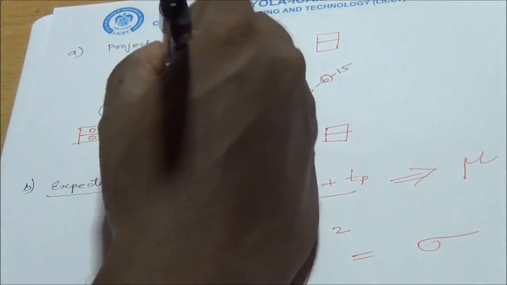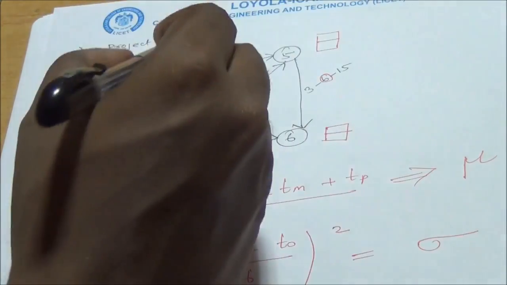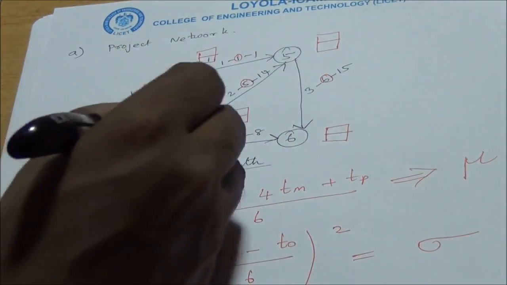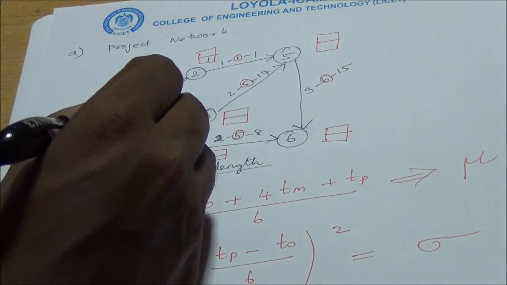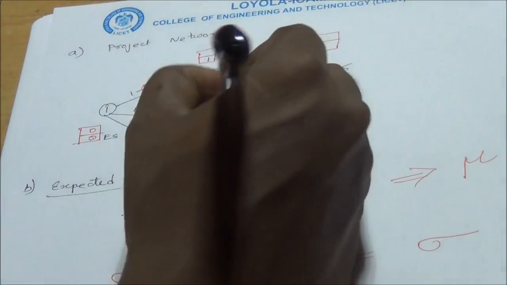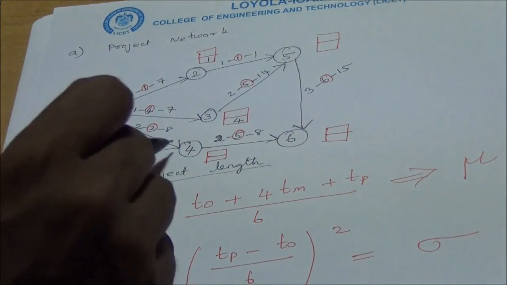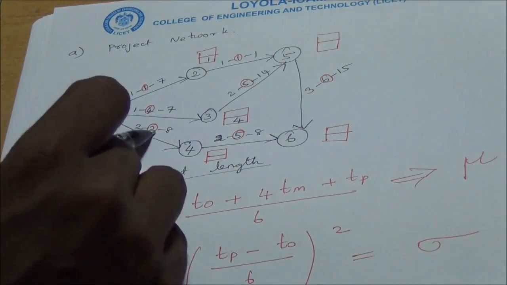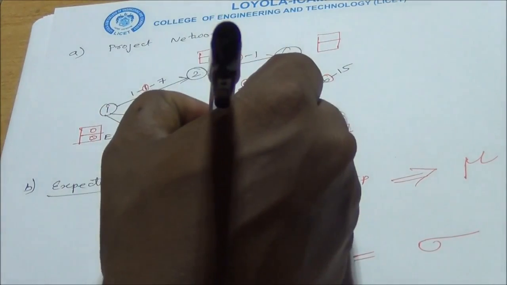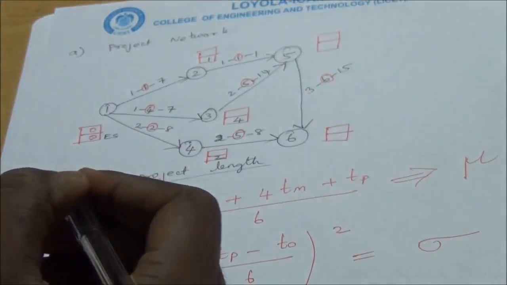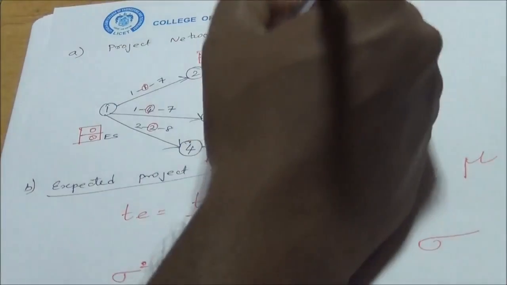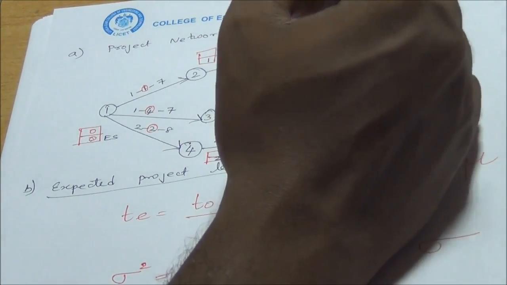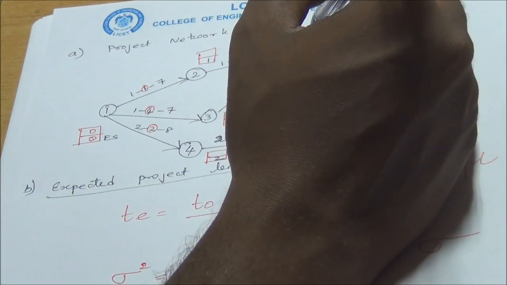Since we have only one outgoing arrow, and for 3 we have only one outgoing arrow, that is 4. So 0 plus 4 is 4. Similarly 0 is here and 2 is here. We have only one outgoing arrow, so that is 0 plus 2 is 2.